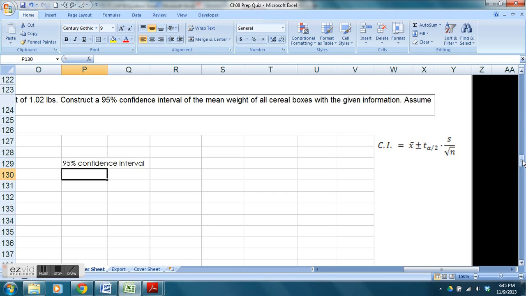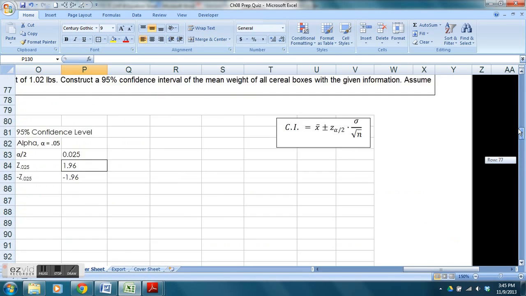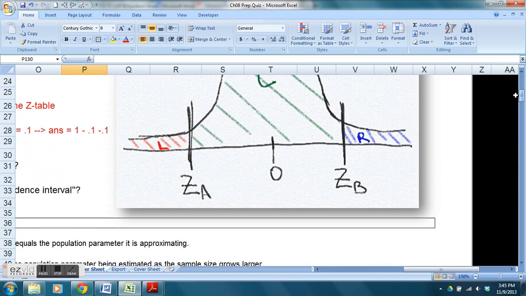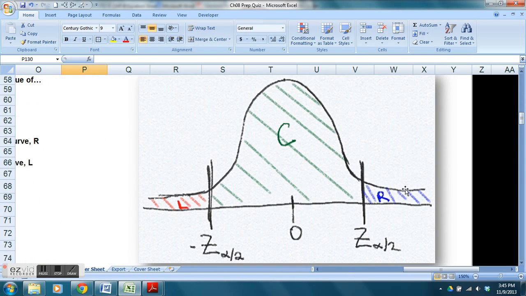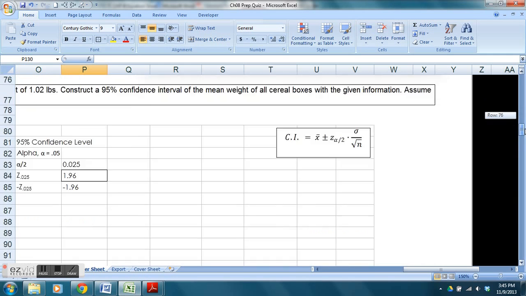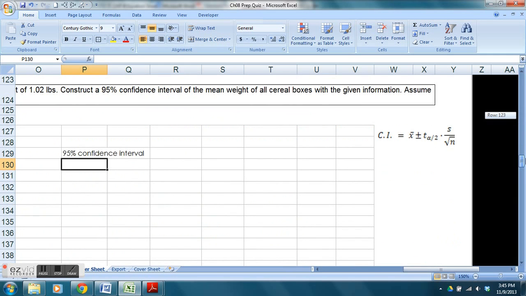That represents the area in the upper tail, such as this section right here, such as section R. Okay, so it represents the area in R, but different books have different notations for this subscript, and this equation uses alpha over 2 because I think that makes the most sense.